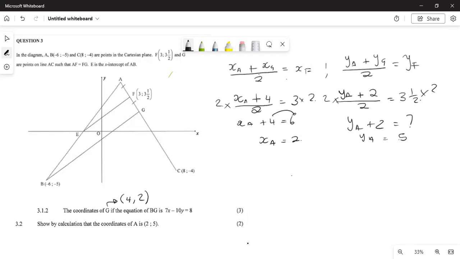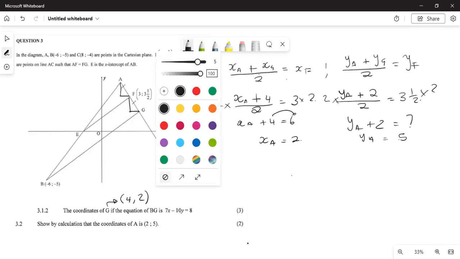Let's do it by method of translation. Now, method of translation, we know this is on the same gradient, and we are assuming, because these are the same, this is a decreasing graph, so a decrease in our x causes an increase in our y, and this will remain the same for F to A. So a decrease in our x value will cause the same increase as we saw in our y value.